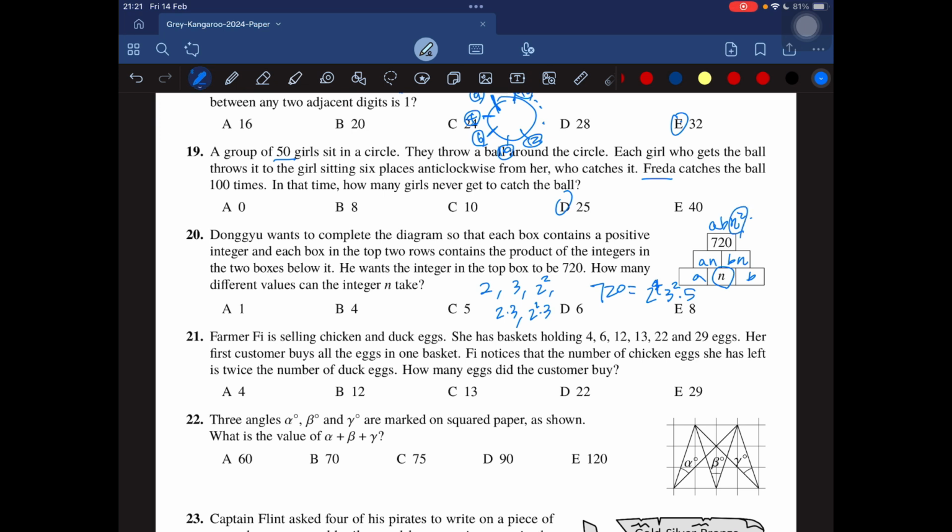Whatever it can be, the square in this product 720, then it can be. So number 20 is that 1, 2, 3, 4, 5, and n can also be 1. So altogether 6, because let's not forget the number 1.